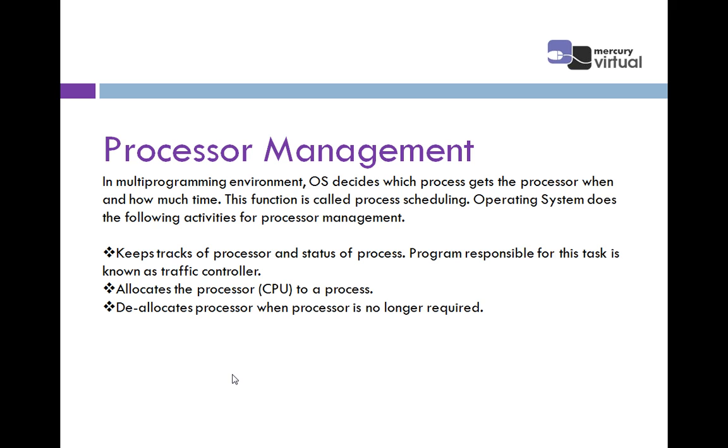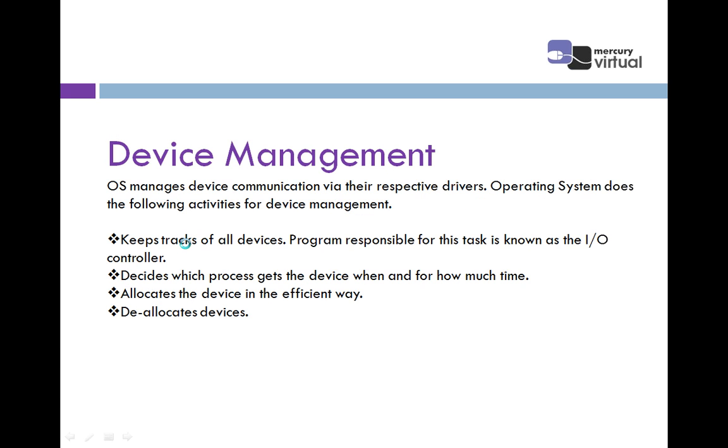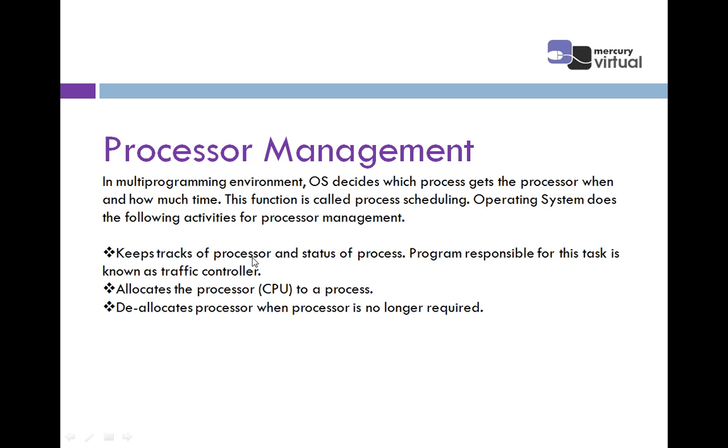There is processor management. Processor management means if there are different processors, that is CPUs, then it is very important to manage all the processors, and that is done by the operating system. When processes are scheduled, that is known as process scheduling. There are 3 activities. First activity says keep track of the processor and the status of the processes.